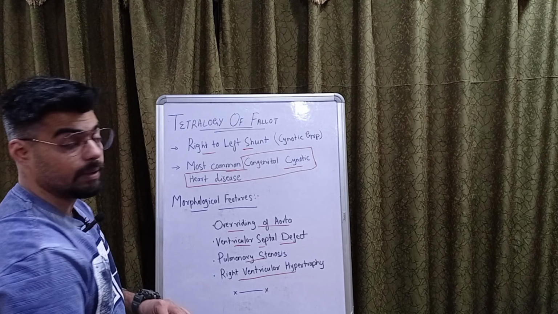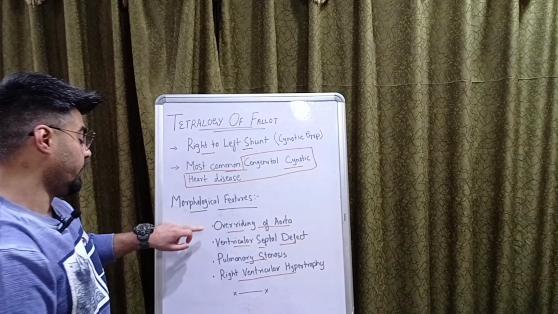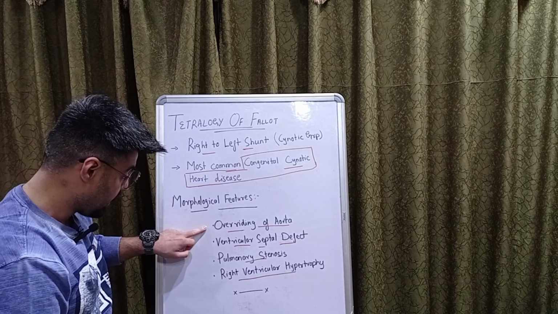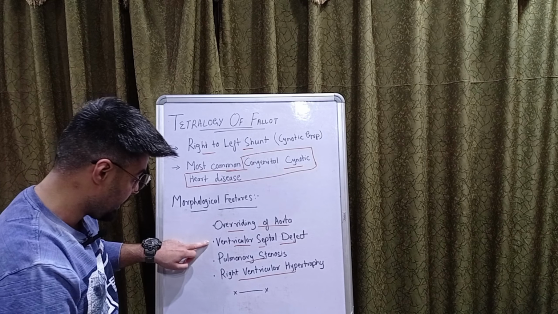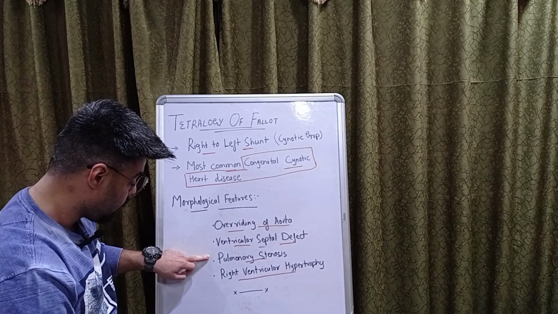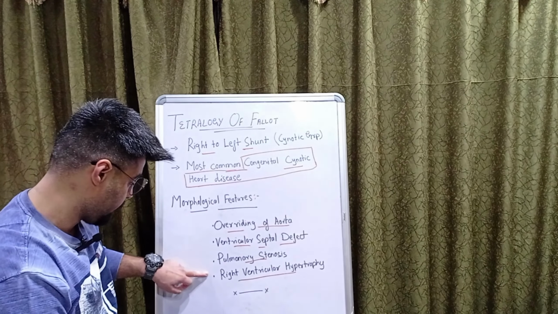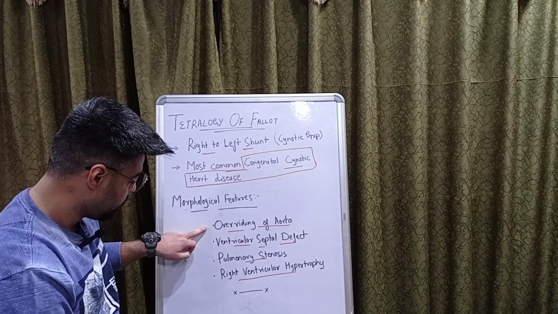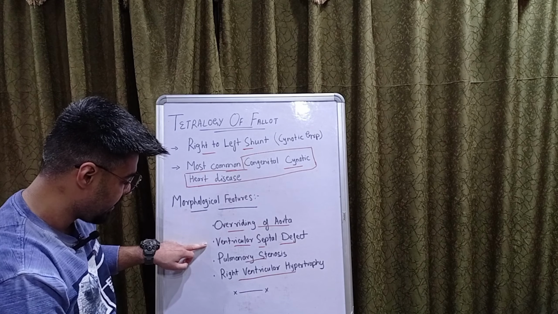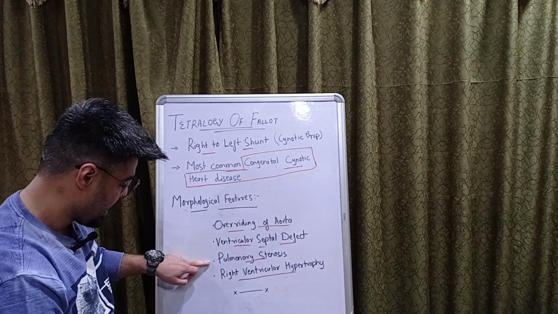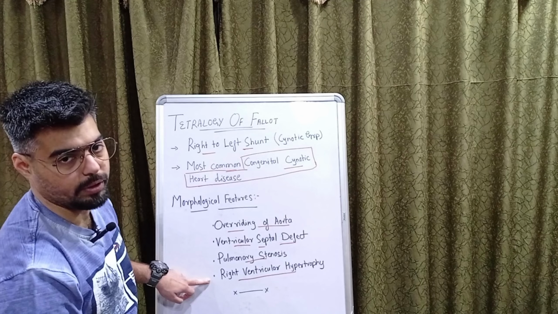Let me repeat: overriding of aorta, ventricular septal defect, pulmonary stenosis, and right ventricular hypertrophy.